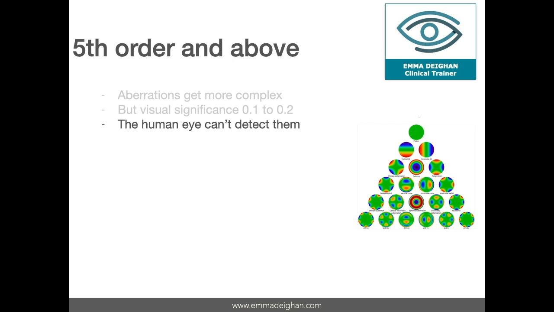Some machines will measure upwards of the sixth order, but really we are concerned with third order and fourth order aberrations when we're thinking about higher order aberrations, and for low order aberrations we're thinking about this line here, the second order. So hopefully that has made that pyramid seem a bit more understandable.